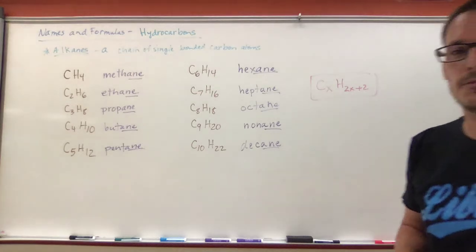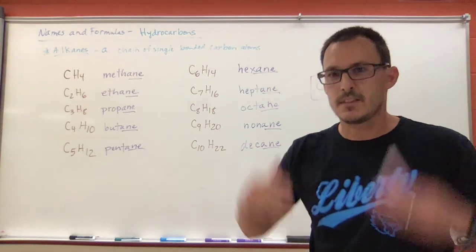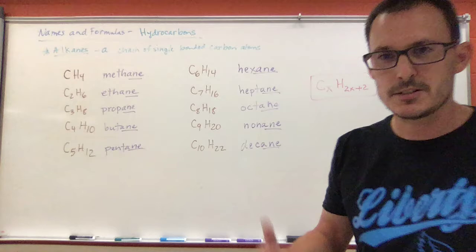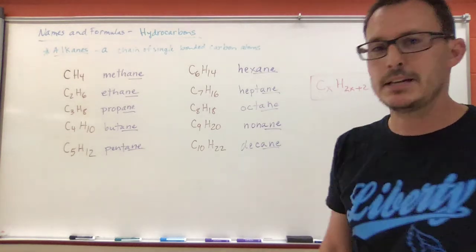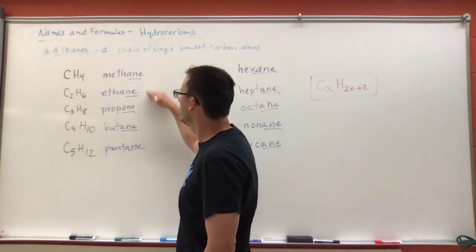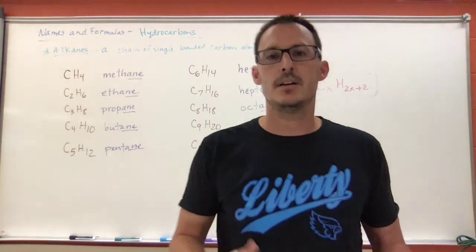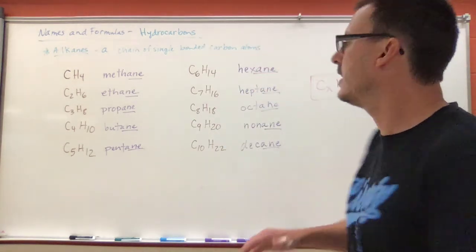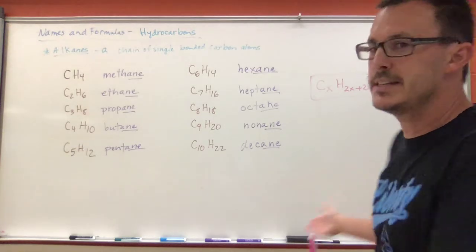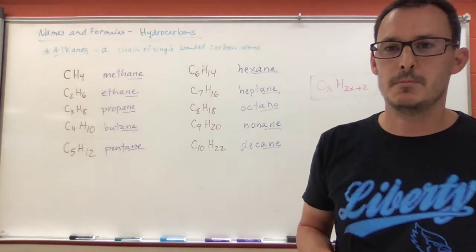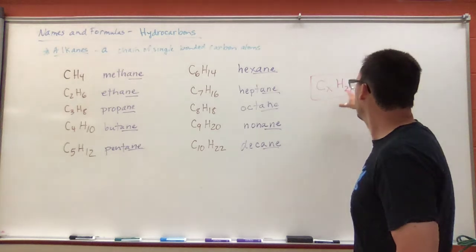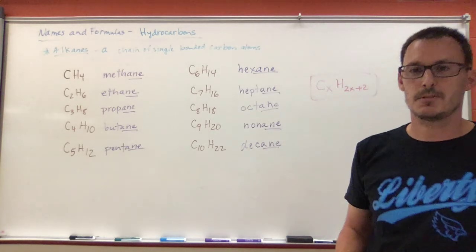I've heard the acronym before: "me eat peanut butter." Think of Cookie Monster voice, somebody saying "me eat peanut butter." That's one way to remember these first 4: methane, ethane, propane, butane. Somehow you need to know these. These are your hydrocarbons. Going the other direction, if you have a name, all you have to do is come up with how many carbons and then double plus 2 for the number of hydrogens.